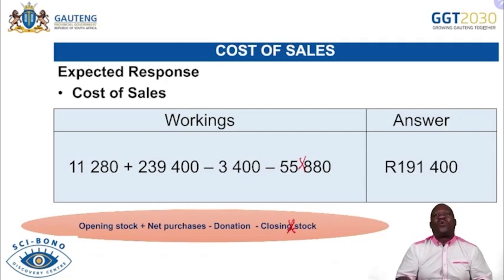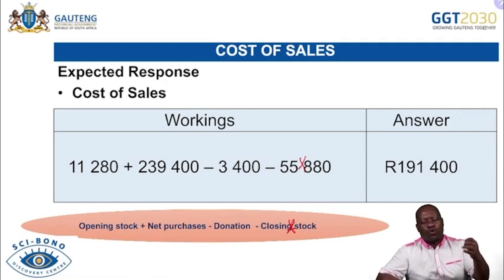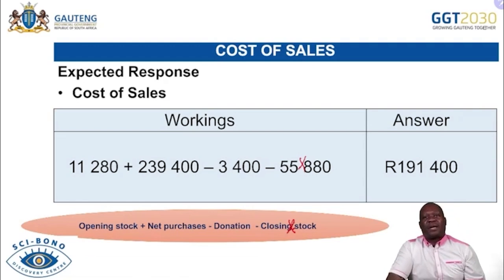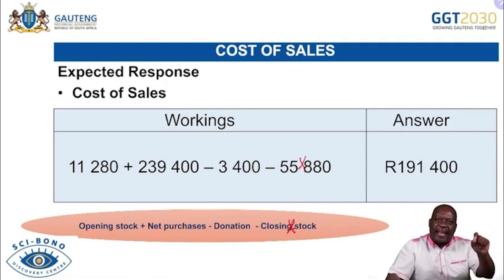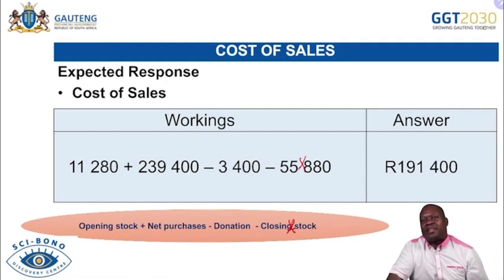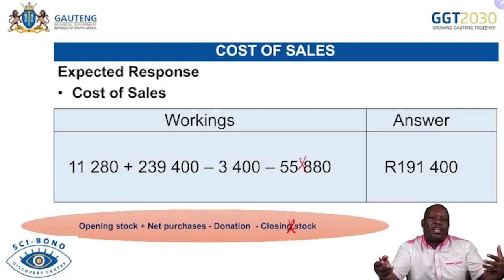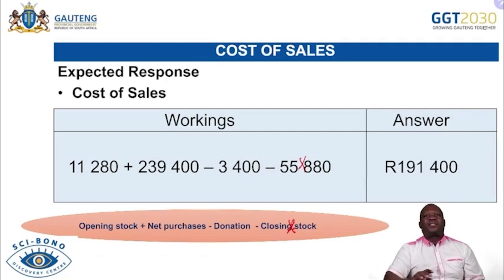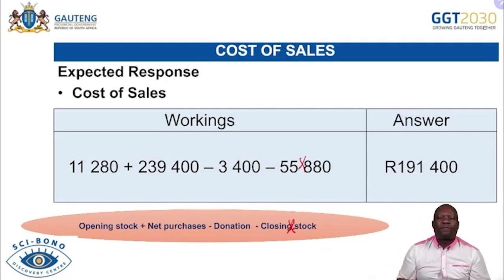It means whatever information required is the same, because opening stock is not going to be changed by the method. Purchases is not going to be changed by the method. Returns are not going to be changed by the method. Even donations are not going to be changed by the method. So it means now, what is it that we do to find our cost of sales?